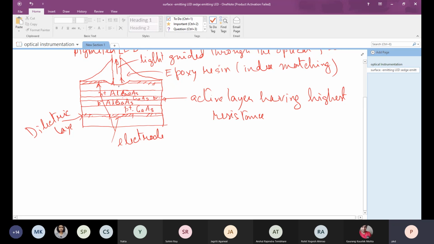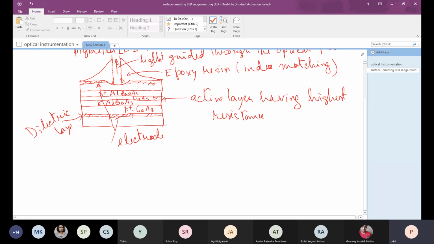However, if we want to match the diameter of this optical fiber, which is in micrometer, typically single mode optical fiber diameter is 4 to 10 micrometer, and cladding is around 20-60 micron, whereas this layer thickness would be a fraction of a micrometer or 1 or 2 micrometer. So from this side, that is the edge side, connecting the optical fiber would be difficult. To couple, the numerical aperture will not be matched.